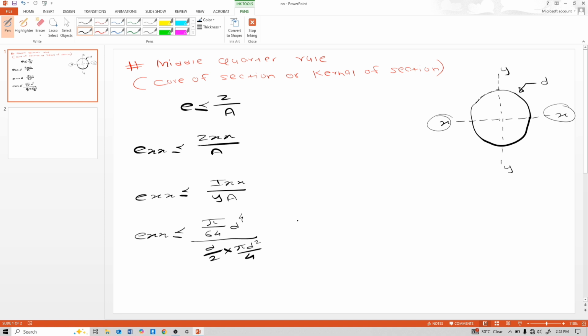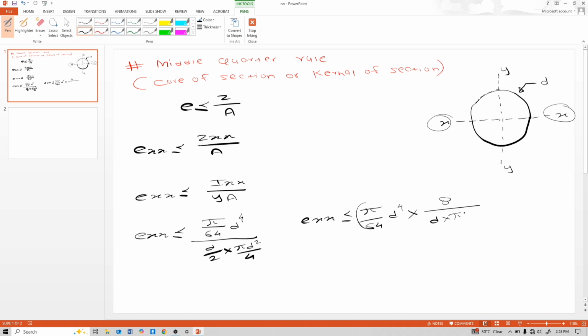So rearrange it mathematically. Exx should be less than or equal to pi by 64 small d raised to 4, multiplied by 2 by d, multiplied by 4 by pi d square.